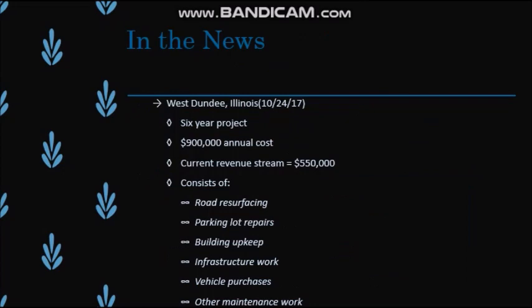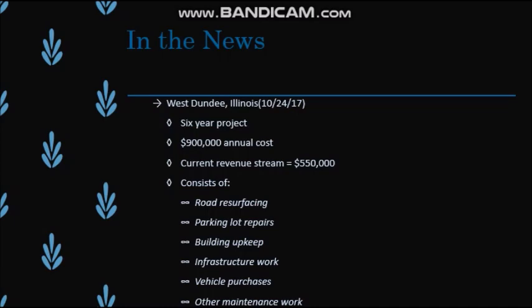So to bring this all together, we can look in the news and see that West Dundee, Illinois actually had an article published about them on October 24th, so fairly recently. They are currently going through the process of determining how they're going to create their own capital project fund, because they are wanting to do a 6-year project consisting of road resurfacing, parking lot repairs, building upkeep, infrastructure work, vehicle purchases, and other maintenance work.